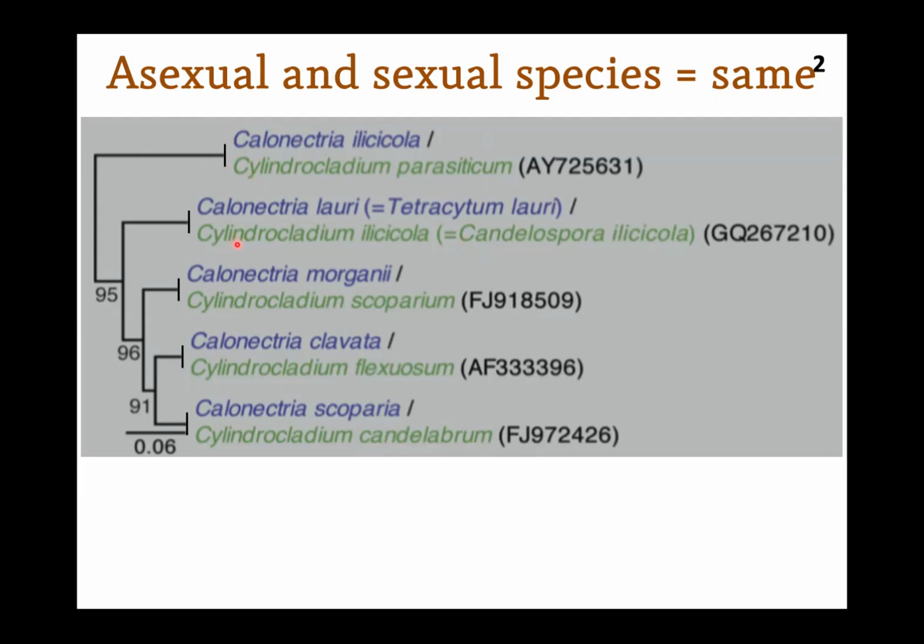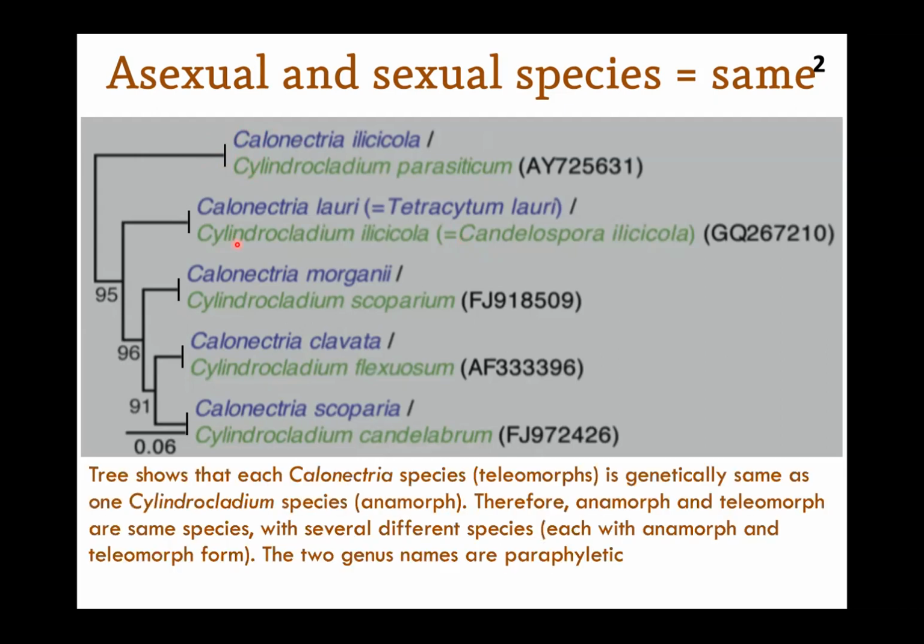And so what you should be able to see is, Calonectria are the teleomorphs, so these are the sexual species, and Cylindrocladium are the asexual anamorphic species. What you should be able to see is that these two genus names, Calonectria and Cylindrocladium, are both paraphyletic names. So in neither case does every member of that genus group within a clade in the phylogeny that is separate to any other genus.